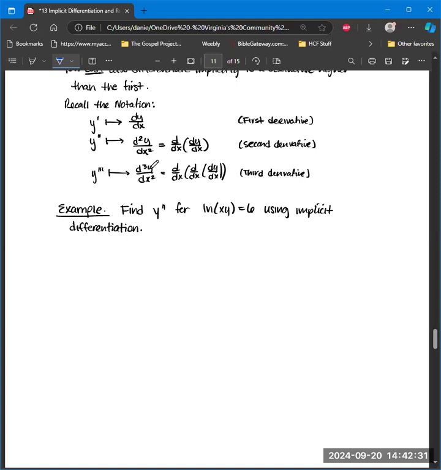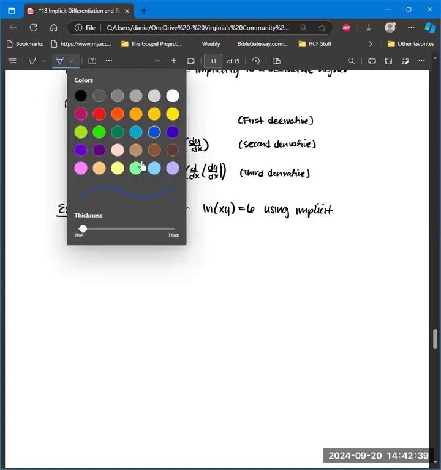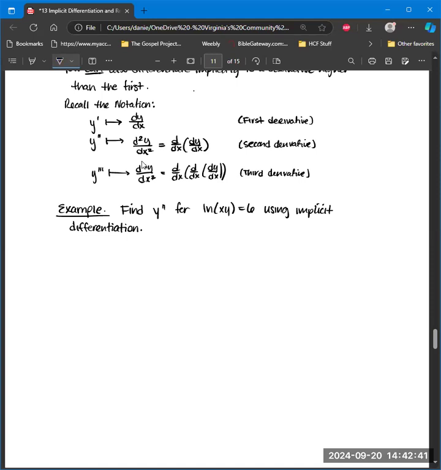Third derivative is d3y dx3, and that's just the derivative of the second derivative. So that's the third derivative.